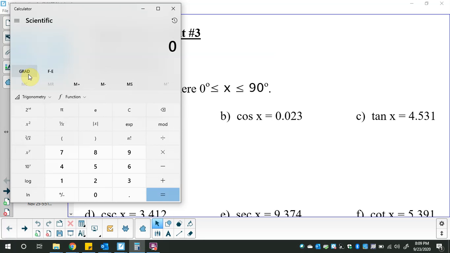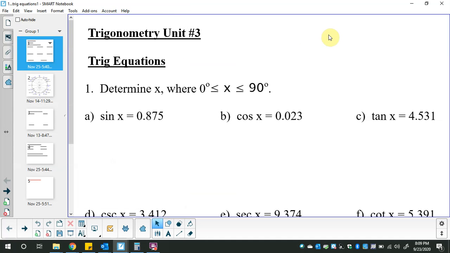Degrees for temperature, you can have Fahrenheit, Celsius, and kelvins. If you're in science, I don't know if gradients is another type of angle measurement for size of an angle, but I have never used it. I'm going to set this calculator on degrees, and we're going to go forward with this stuff.